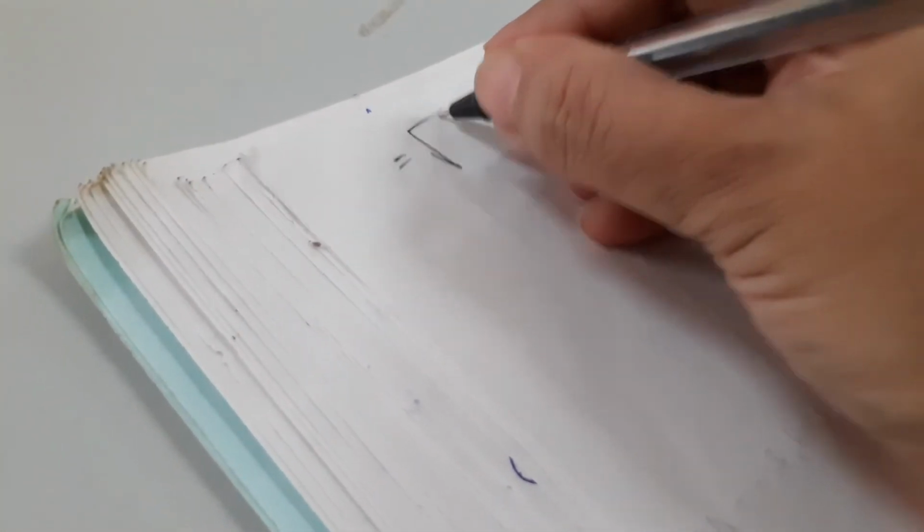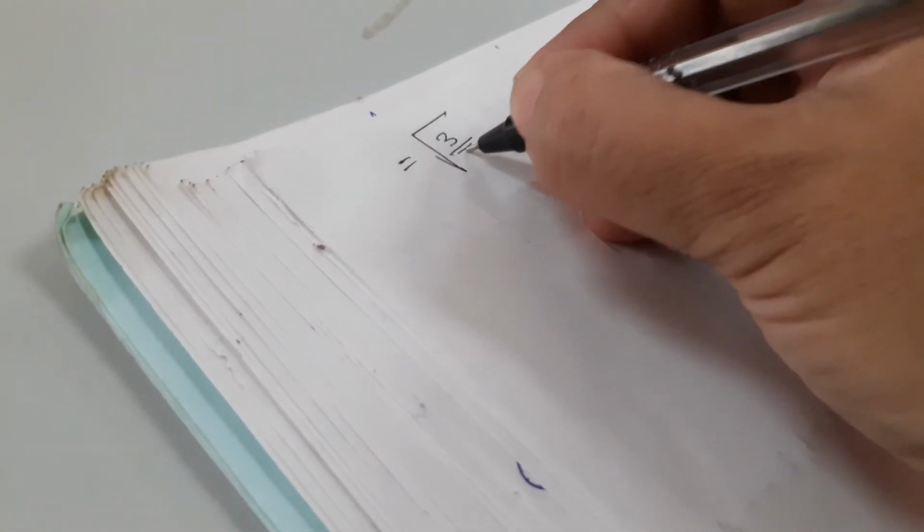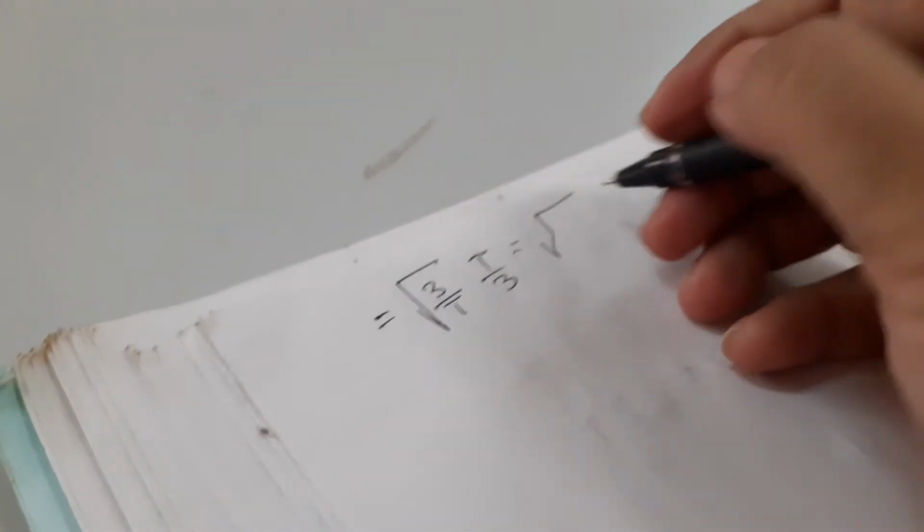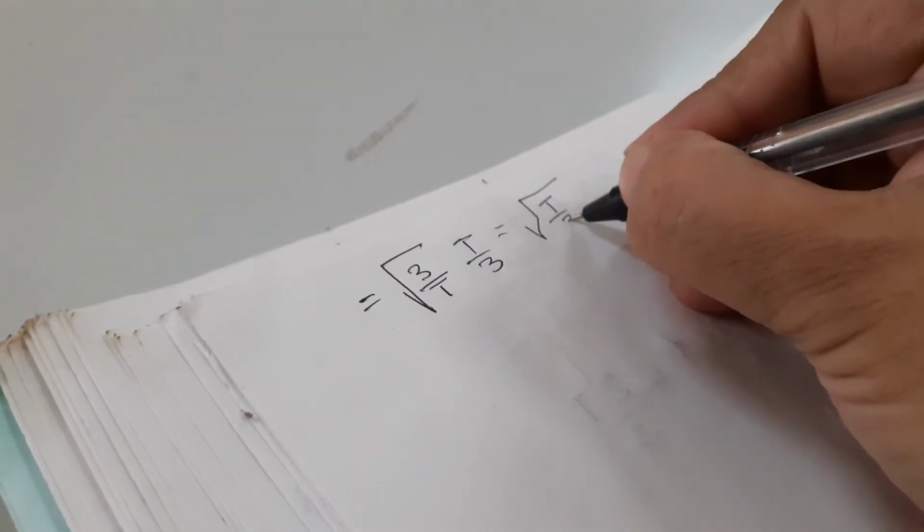From the equations we can substitute the previous one, root 3 over T by 3 equal to root T over 3.